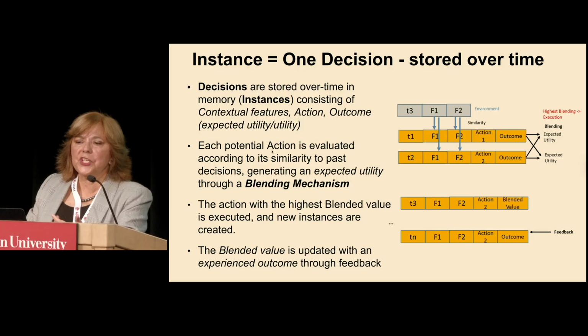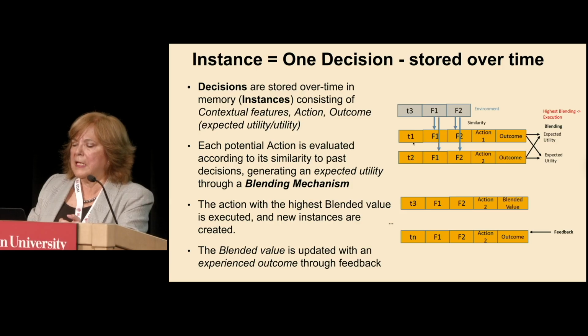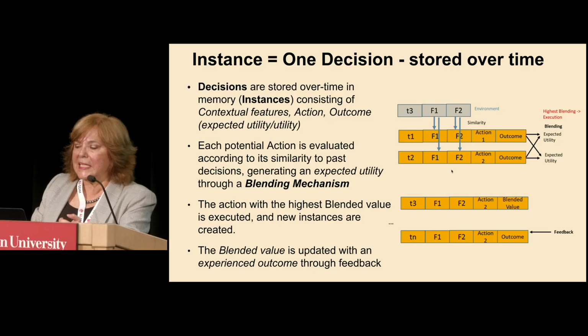So each potential action then is evaluated according to this similarity. So imagine that you have these instances, T1 and T2 at 2 different times, and now you are in T3, you evaluate the similarity between the situation in the current time with those instances in memory. Now, to determine the action to take, you use that similarity to calculate what is called the expected utility or blended value.